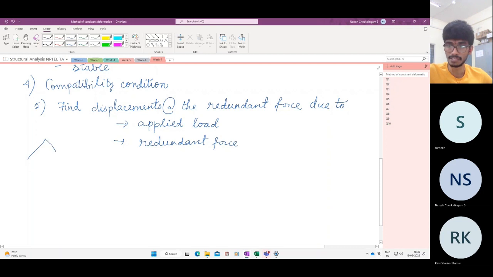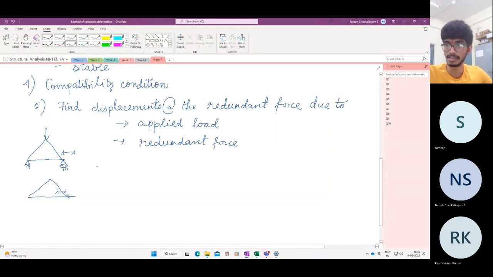So once you get a primary structure, you have the applied loading. So this is the point where the redundant force was applied. So find by what this would have displaced if there were no restraint. And then in the second thing, you find what force, if you apply a force here, by what amount it will displace if there was no vertical load.